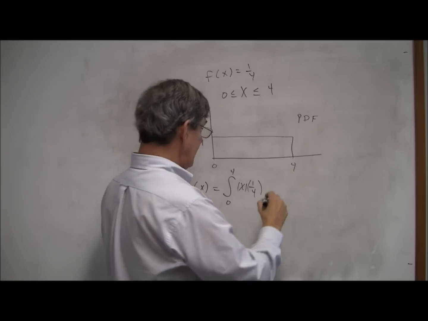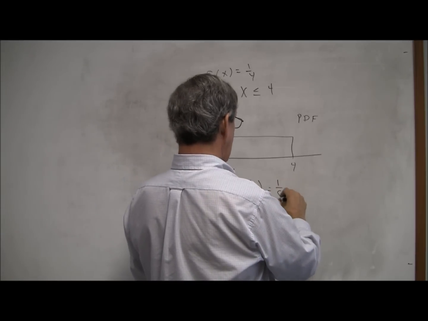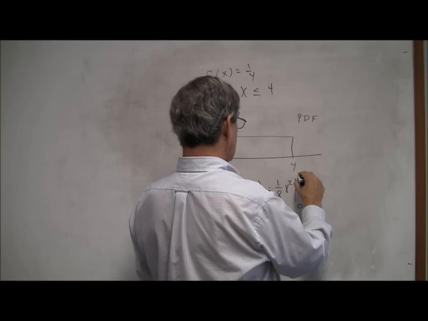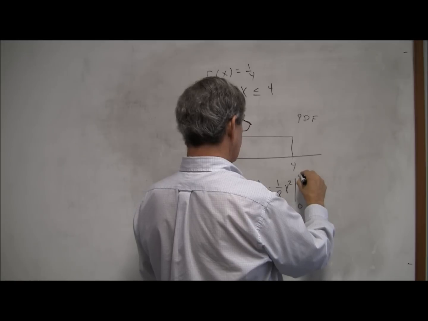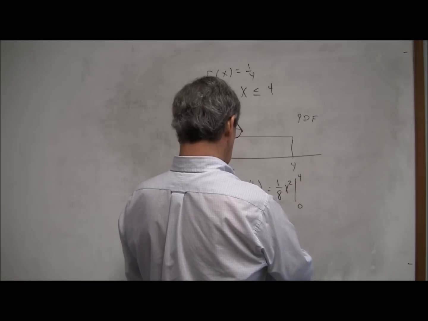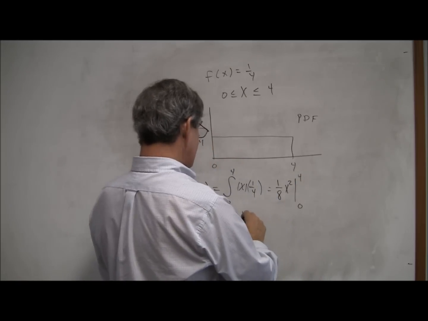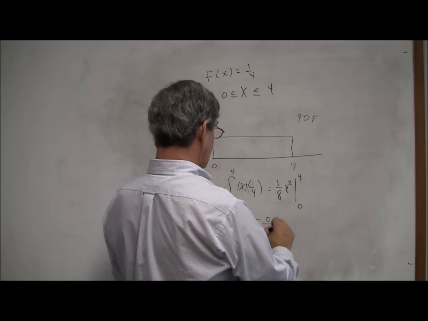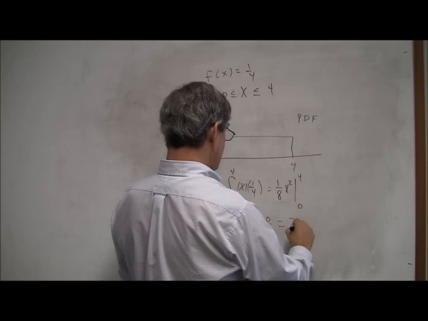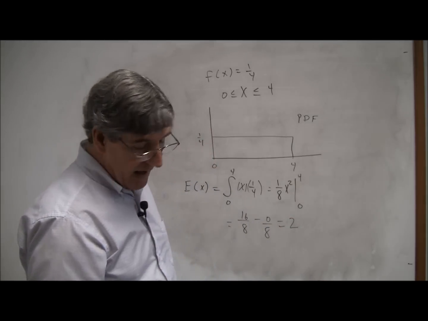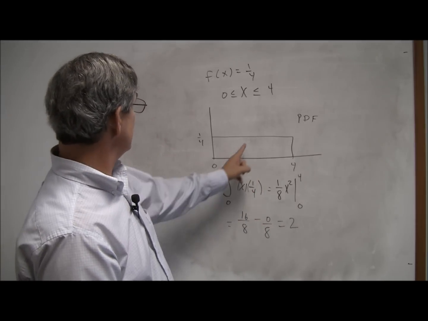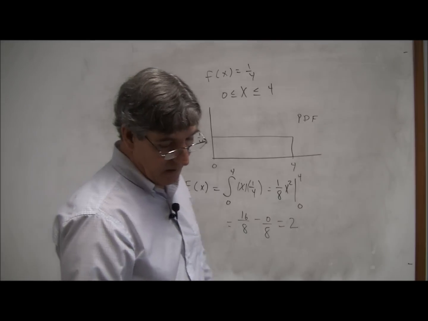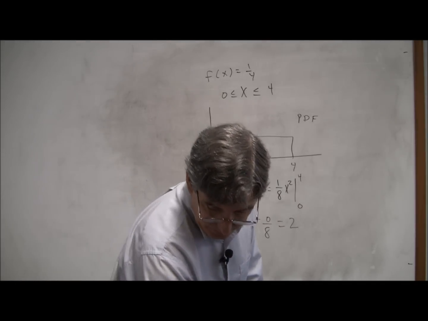That turns out to be 1/8 x squared from 0 to 4, which turns out to be 16 over 8 minus 0 over 8 equals 2. So as we thought, the expected value of this random variable would be 2, which is the midpoint of the distribution.